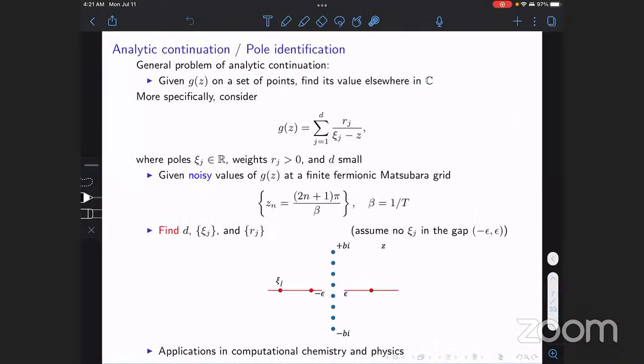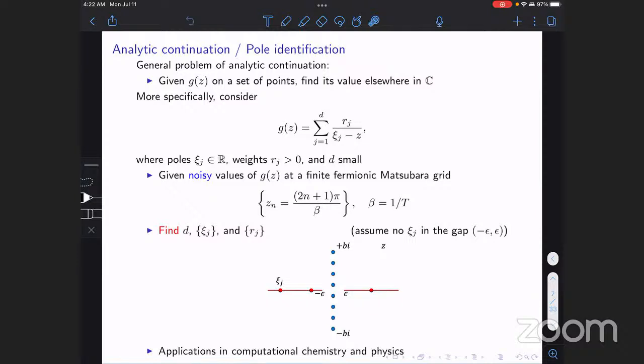The general problem of analytic continuation is the following: given a function g(z), its value on a set of points, we are trying to find its value elsewhere in the complex plane. This is a hard problem, and as some of you might know, it's quite ill-posed. So more specifically, we consider a slightly simpler version of that, which is called pole identification.